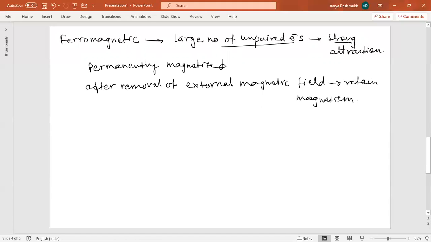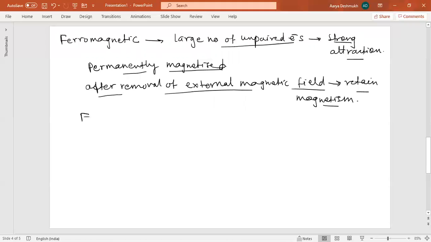Comparatively, there is a strong attraction in case of ferromagnetic, and in case of paramagnetic, we are just seeing that if the external magnetic field is removed, they lose their magnetism. But these ferromagnetic substances are permanently magnetized. Means even if the external magnetic field is removed, they retain magnetism. So this is the difference between paramagnetic and ferromagnetic.